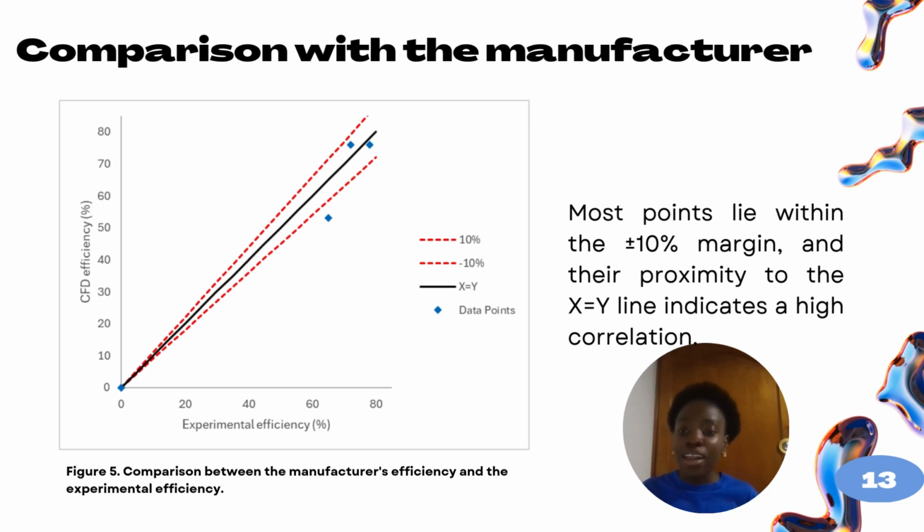In this case, almost all the points remain within the plus or minus 10% lines, reflecting better accuracy in the efficiency simulation. The proximity of most of the points to the X equals Y line indicates a high correlation between the experimental efficiency and the CFD efficiency values.